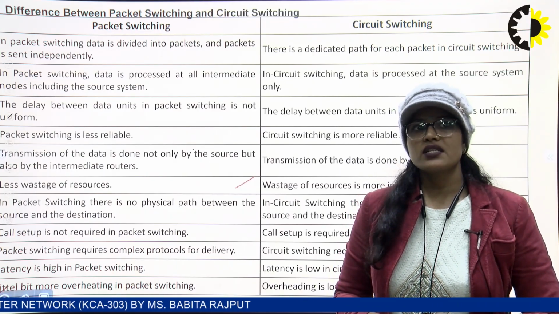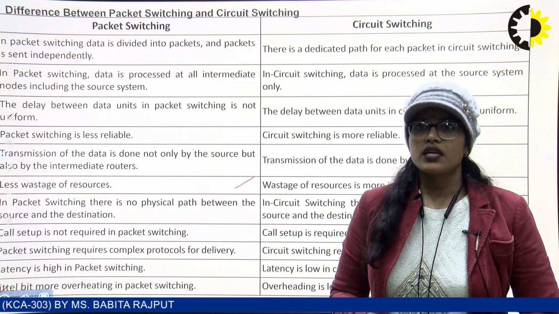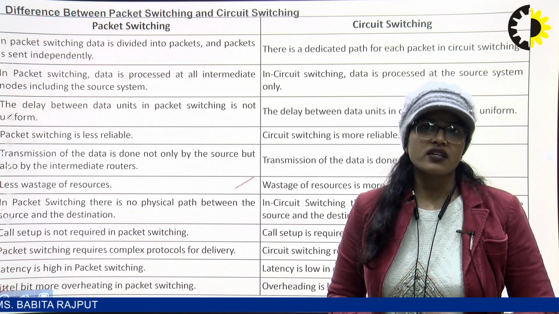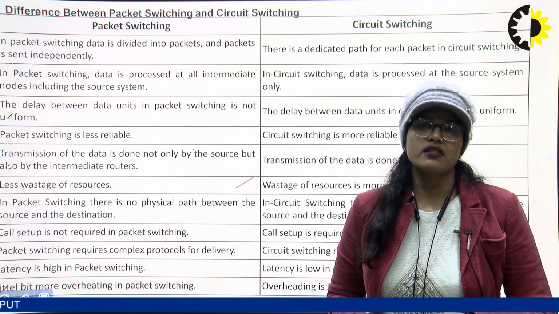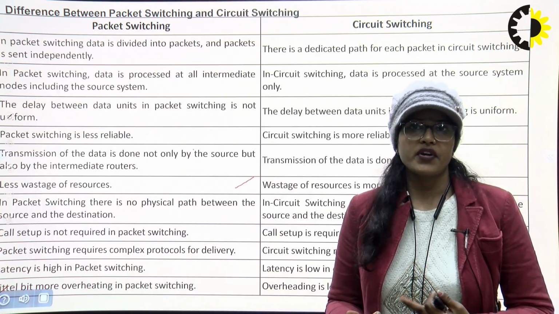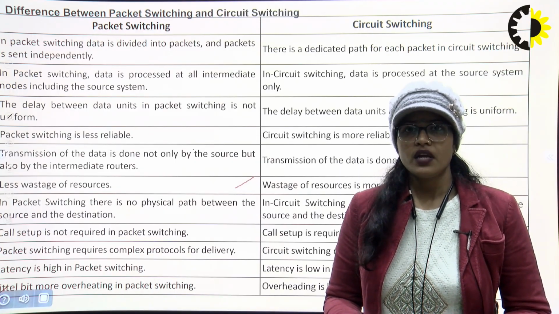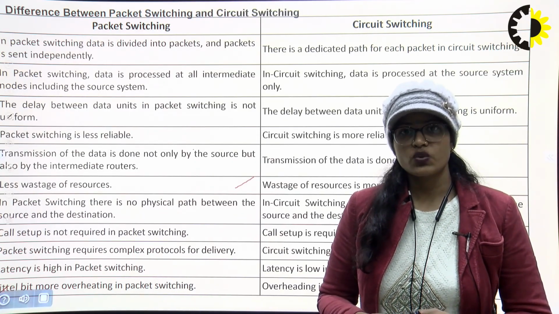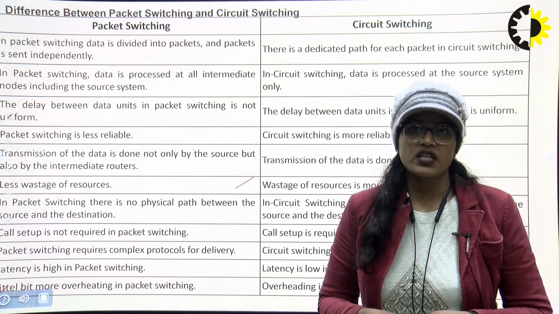And packet switching is less reliable because there is no dedicated connection between the sender and receiver. That's why your message may take any route or any particular link to transmit. But in circuit switching, you have a dedicated link between the sender and receiver.